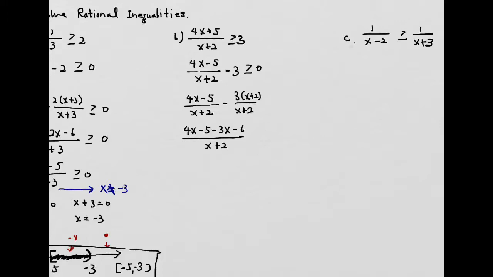When you combine the like terms on the numerator, you get 4 minus 3 and -5 minus 6. And don't forget, this is still greater than or equal to 0. So here you get from the numerator 11, from the denominator -2 as the boundary point.